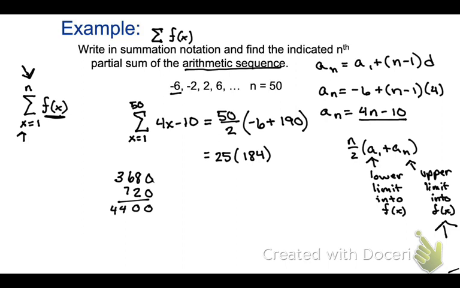I get 4,400. What do you guys get? I got 2,000. What did you just multiply? 184 times. I did 20. Yeah, you're right. I did 20 and 5.